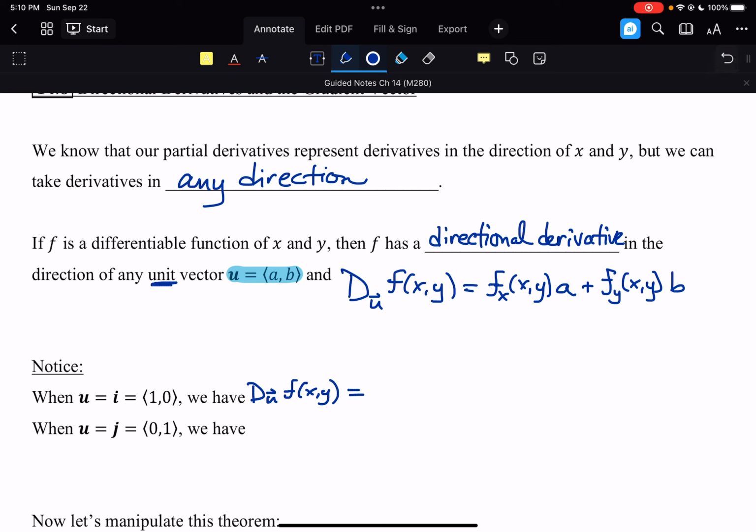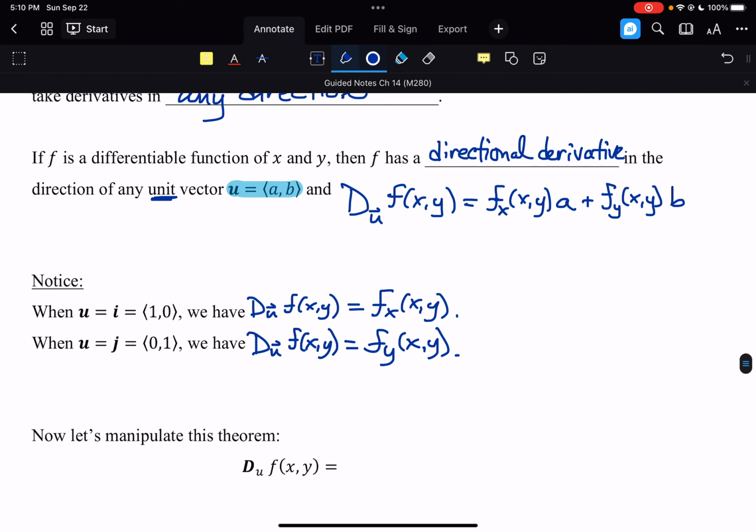We would just be left with fx, which is the derivative of f in the x direction, which is exactly what i is. It is a unit vector in the direction of x. And then similarly, if the unit vector is j, then our directional derivative would just be fy.